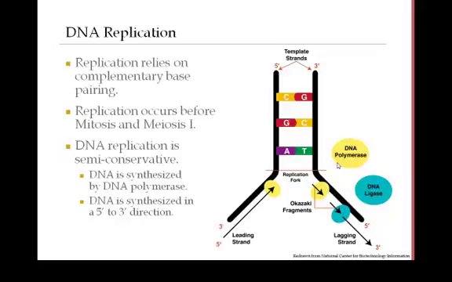These fragments are then joined together by another enzyme called DNA ligase to complete the replication of the lagging strand.